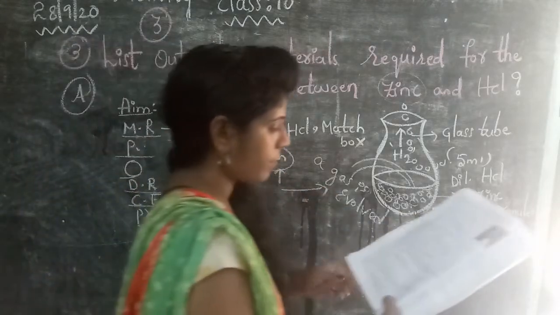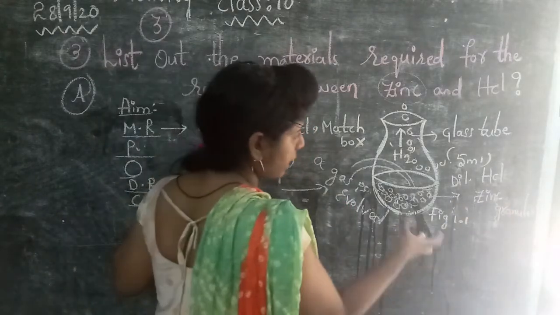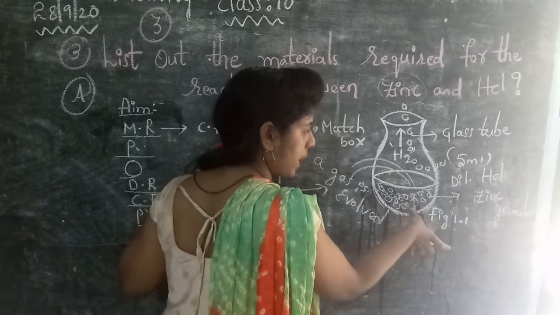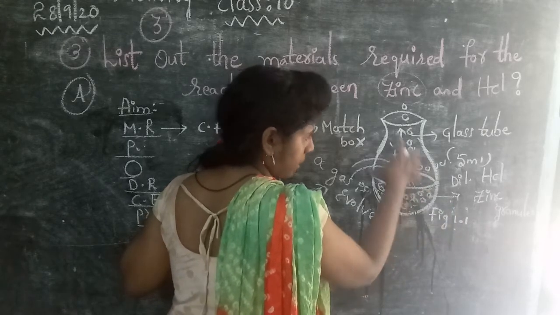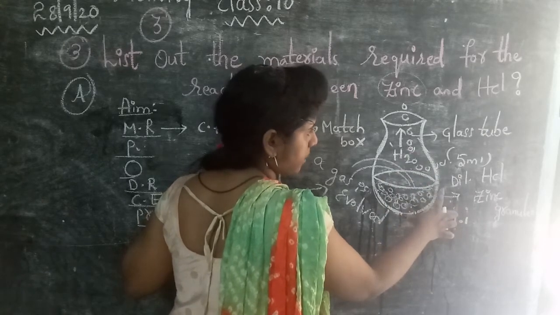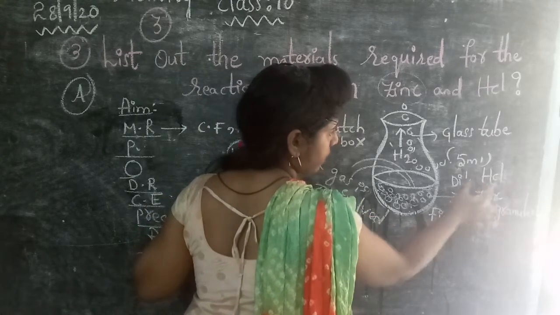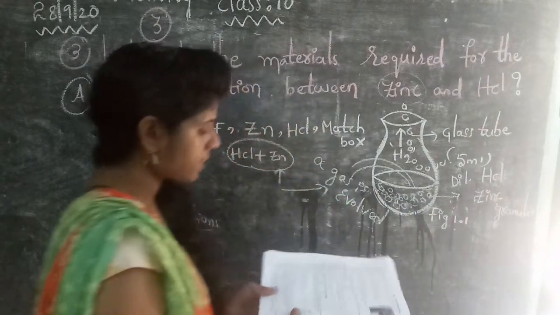Next point is, when we touch the bottom of the flask, we feel it hot. Once again you check it, touch with your free hand. You notice some hotness on the surface of this flask, because with the acid reacting with zinc granules, we can feel that hotness when we touch it.